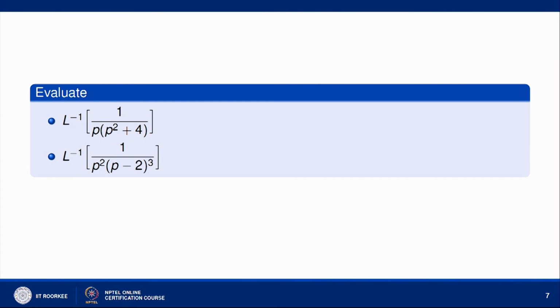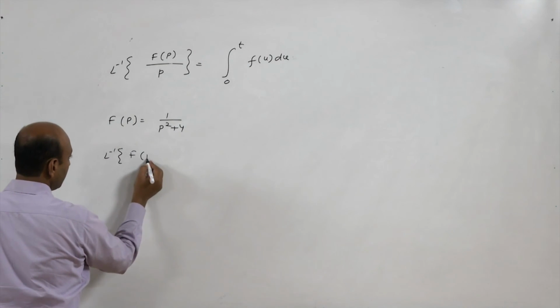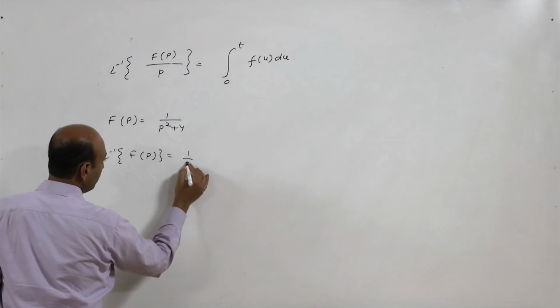F(p) is 1 upon p square plus 4. So the Laplace inverse of F(p) will be nothing but 1 by 2 sin 2t.